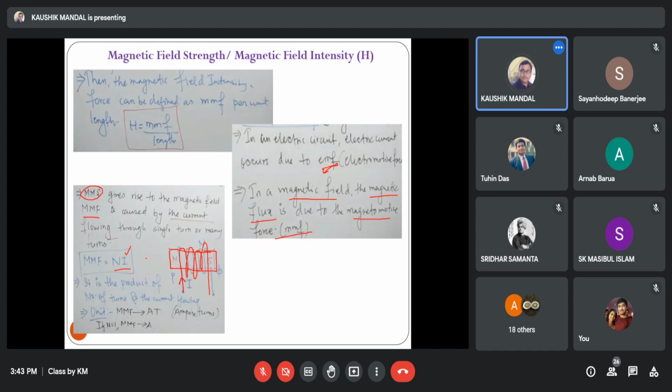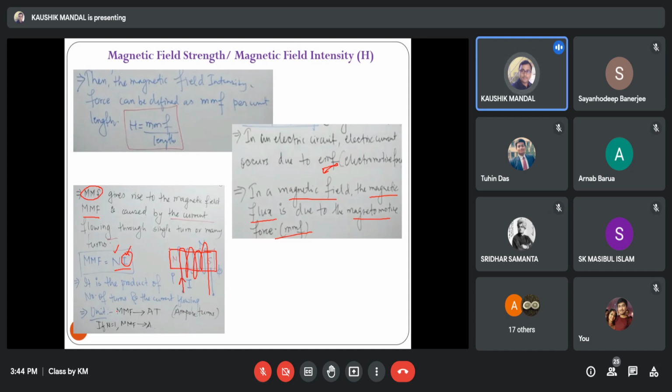What will be the relation between this current and the magnetomotive force? That will be equal to the number of turns into the amount of current flowing through the turn. So magnetomotive force equals the number of turns into the amount of current flowing through the wire. So it is basically the product of N and I.